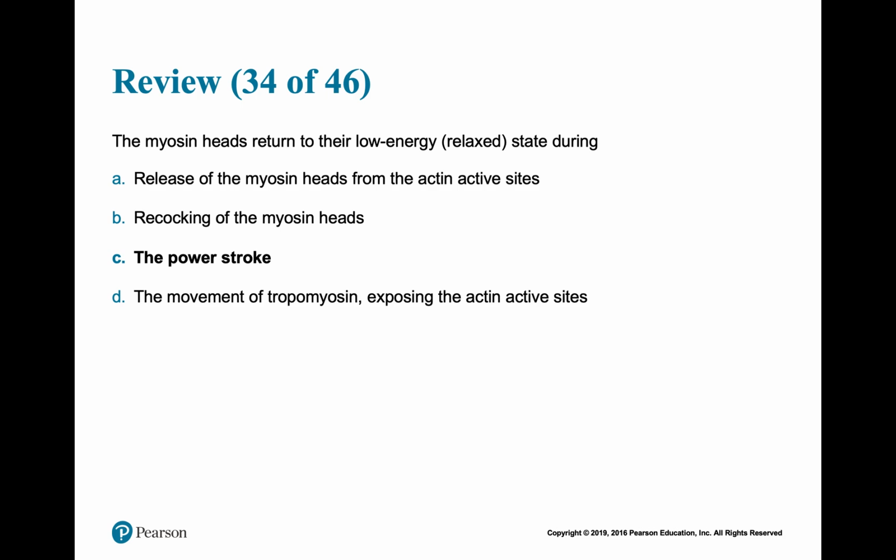When ADP and P are released, the energy is released, and that causes the power stroke. Well, if energy is released, that means it would be in a low energy, relaxed state. Then another ATP binds, it detaches, that ATP gets hydrolyzed, it becomes charged, and in the cocked position. So the cocked position of the myosin head is its high energy form, okay? So that's how you could have thought about this logically through what you do know.